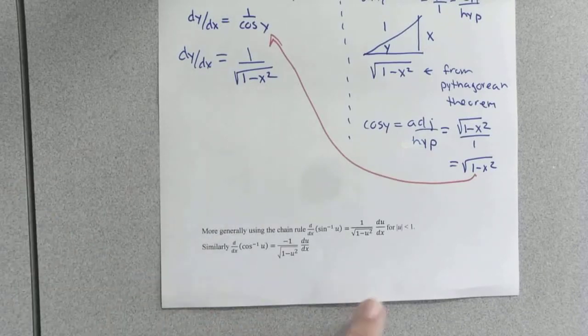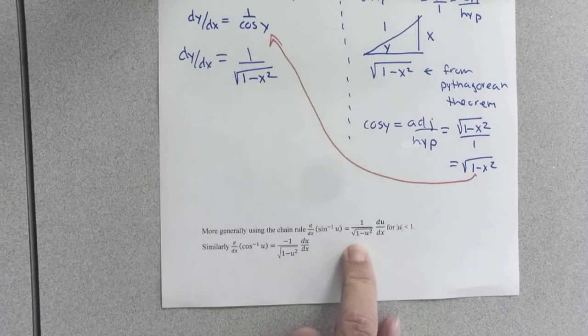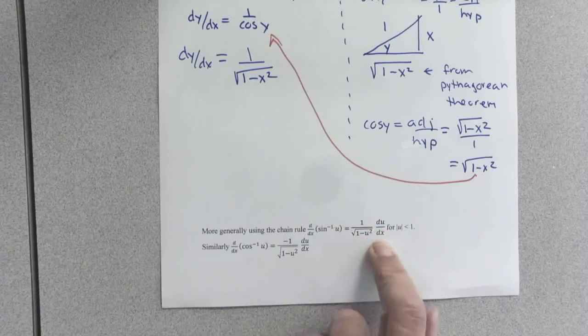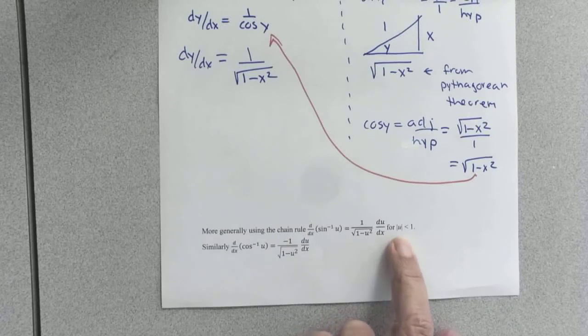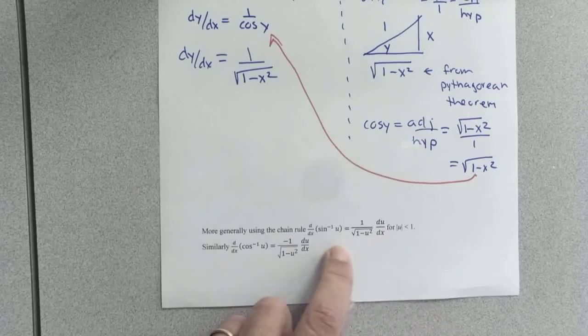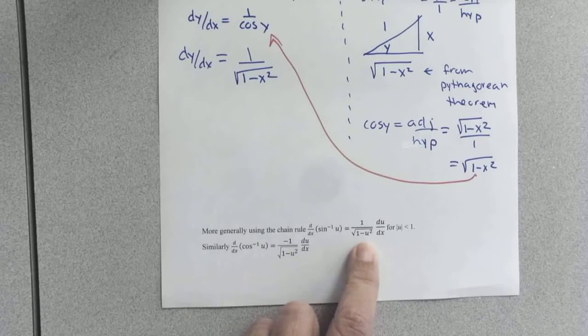Then when we do the chain rule, the sine inverse part gives us 1 over the square root of 1 minus u squared, then the chain rule, du dx, and then for mathematical preciseness, for the absolute value of u less than 1, because we have to make sure we don't end up with imaginary numbers.